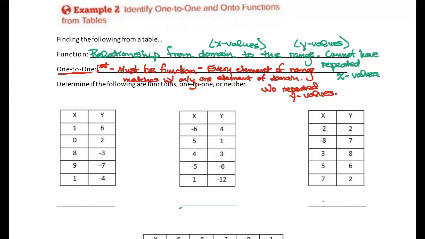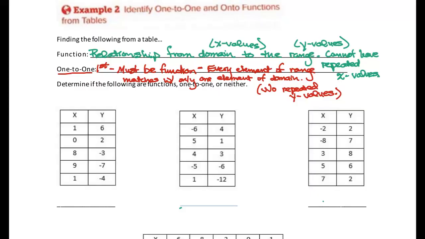So first of all, it has to be a function. And then second, every element of that y value, those range, matches up with only one element of the domain. And what does that mean? You don't have any repeated y values.